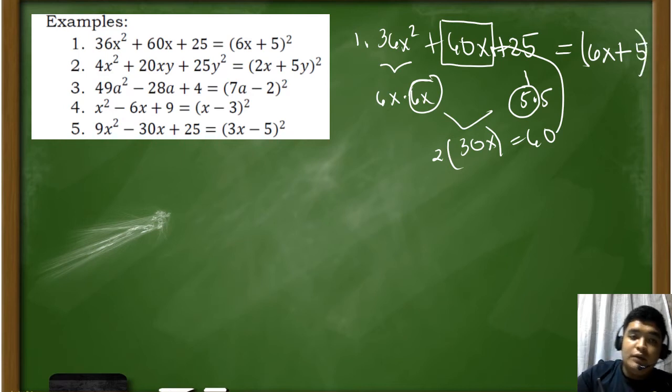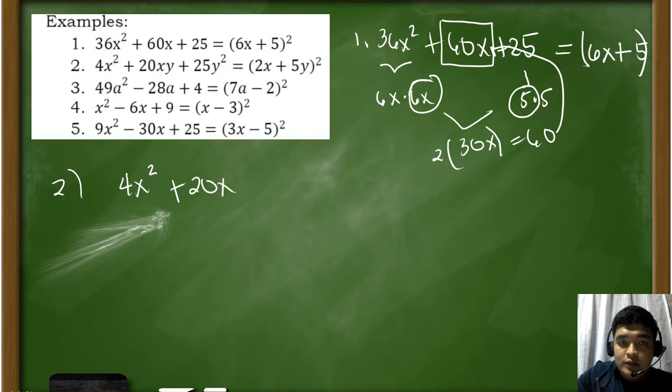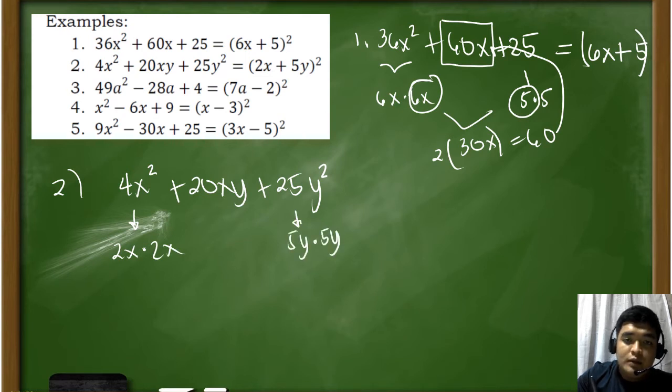Okay, for number 2, 4x squared plus 20xy plus 25y squared. Let's check if this is a perfect square. This is 2x times 2x. This is 5y times 5y.